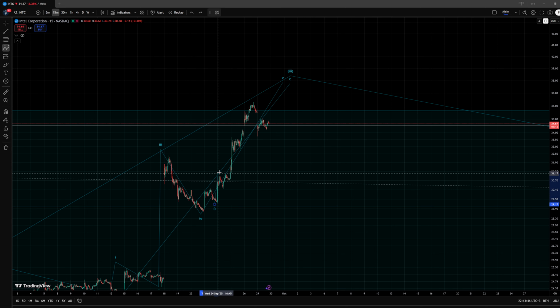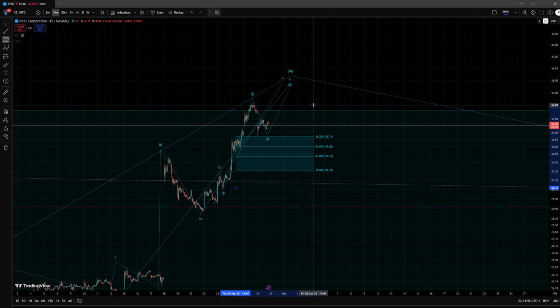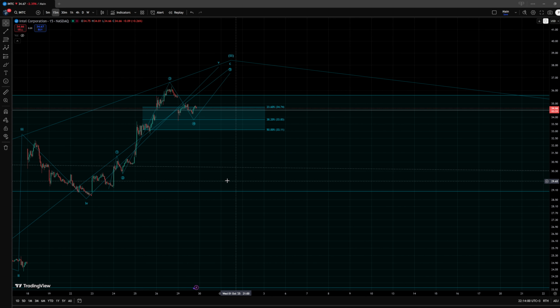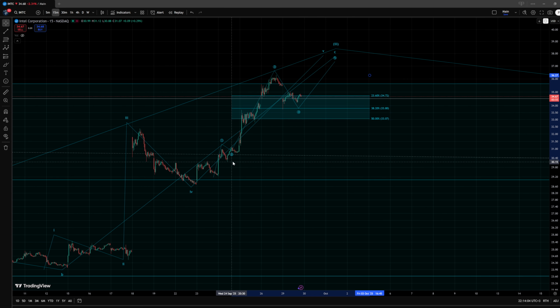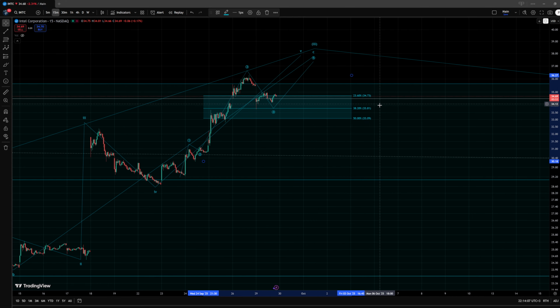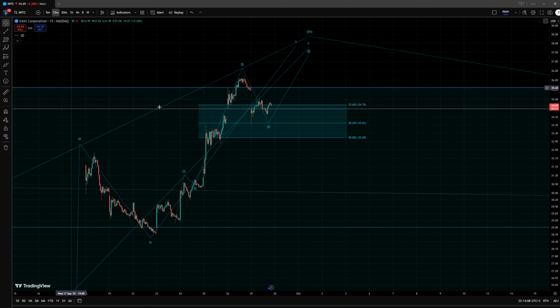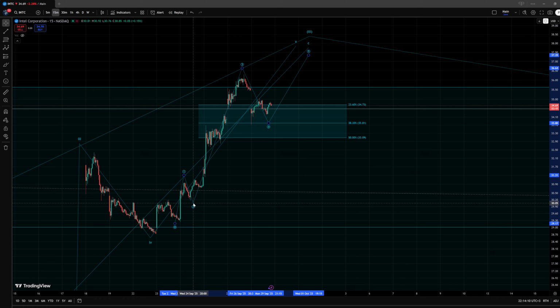So let's track firstly this internal structure within the possible wave 3, where I would be looking for support here for a wave 4 in the area. Let's see and draw that right, because I think it overlapped and I didn't see the exact bottom here. But it is in the area between the $34.7 all the way down to the $33 level.